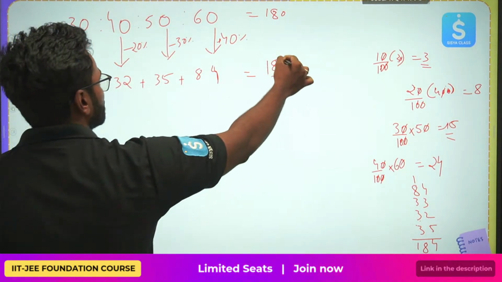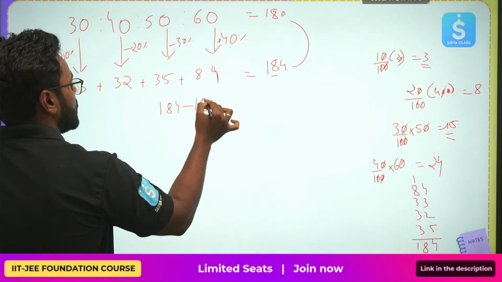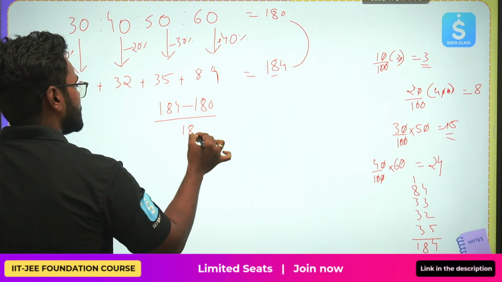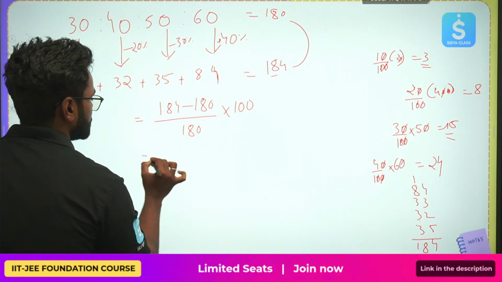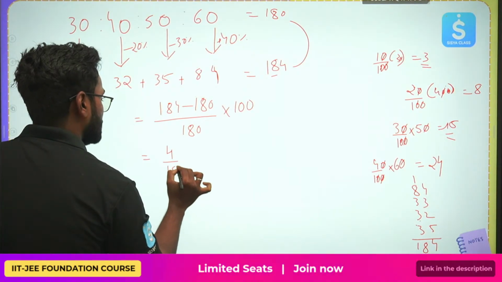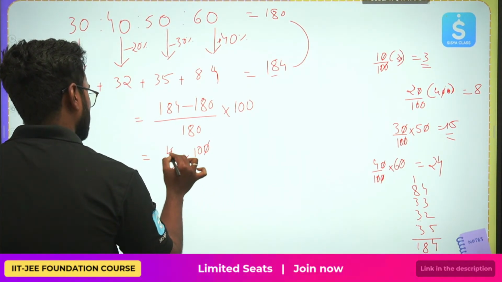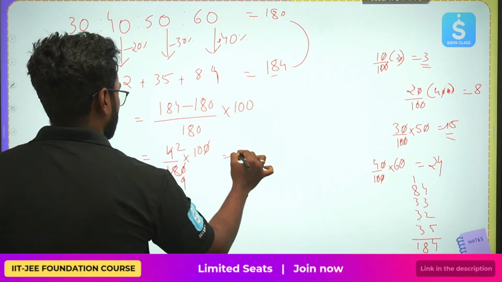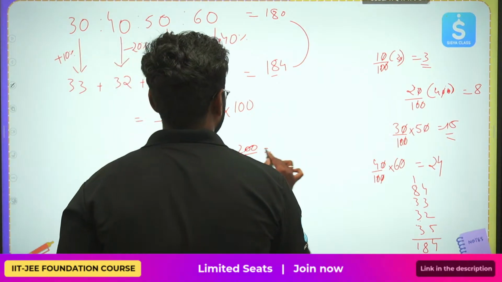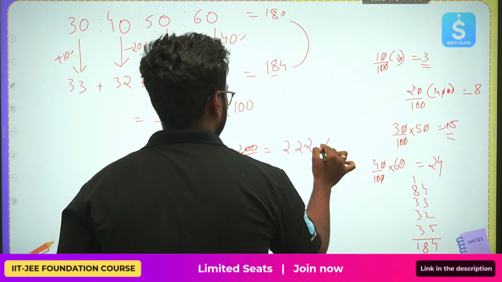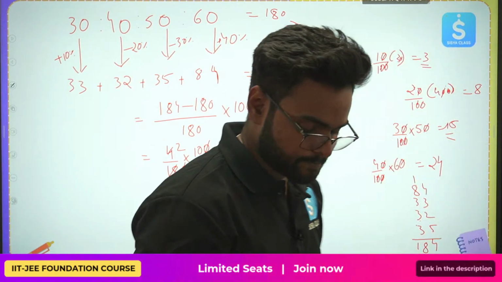For percentage change, you take the difference, 184 minus 180, upon the initial, which was 180, into 100. That is 4 upon 180 into 100, which is 100 upon 9, around 2.22%. I guess this is the answer. Right.